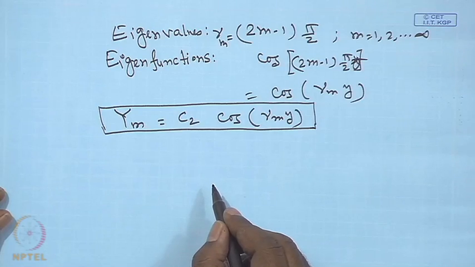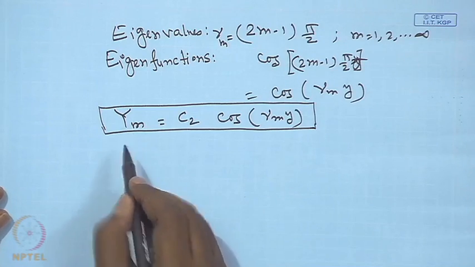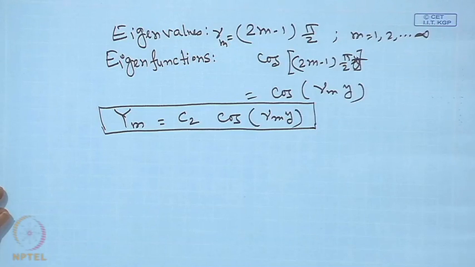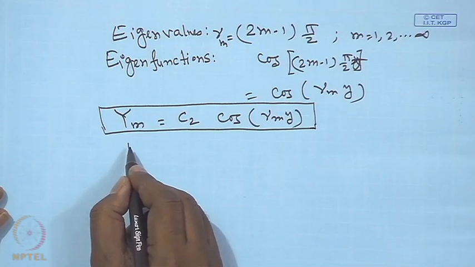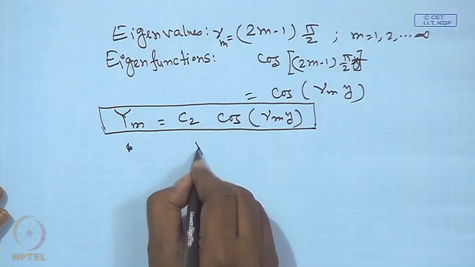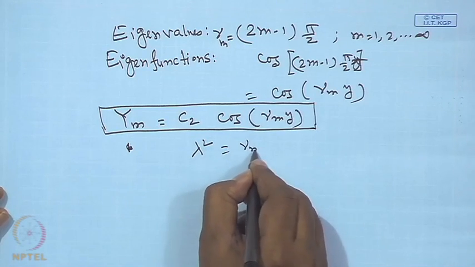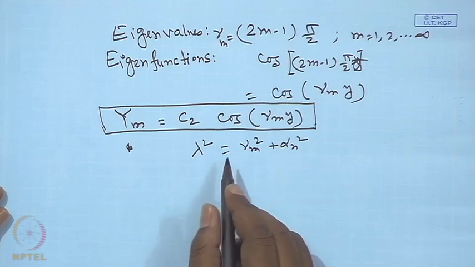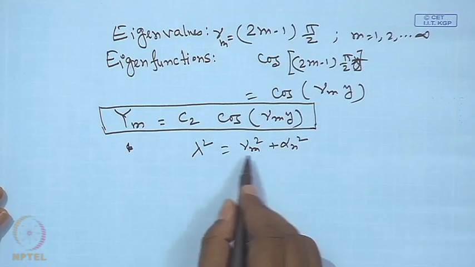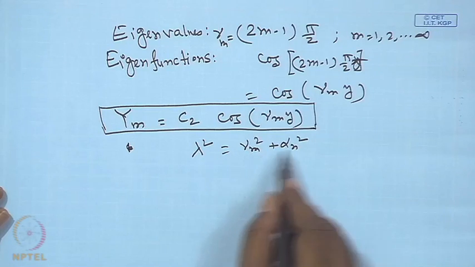If you look into the time varying part, it will be nothing but 1 over T. Now, lambda square we have already obtained is equal to nu m square plus alpha n square, and lambda is a function of nu m and alpha n.